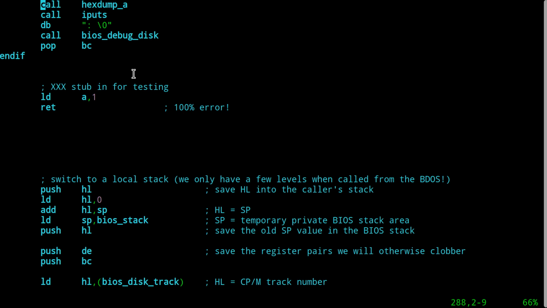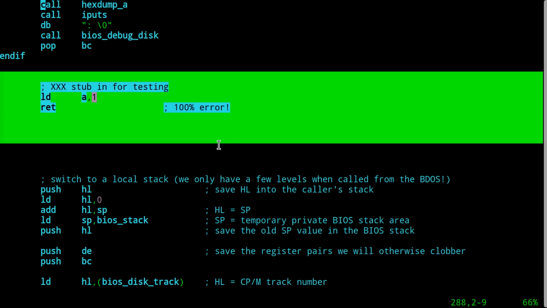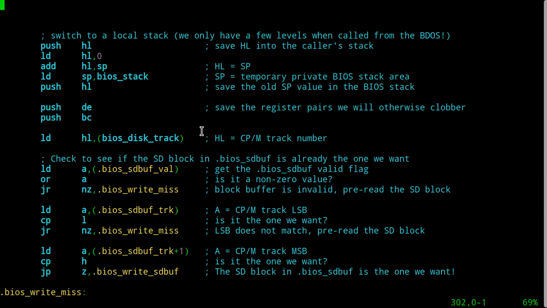I'm not that concerned about corrupting the SD card because we just recreate it all the time anyway. I just don't want to confuse myself when I'm running my little test routines and test programs, if something should try to reach out and touch the disk in some way. I don't want to have to write all of the code before I can test any of it. So the write routine will always return an error, okay?